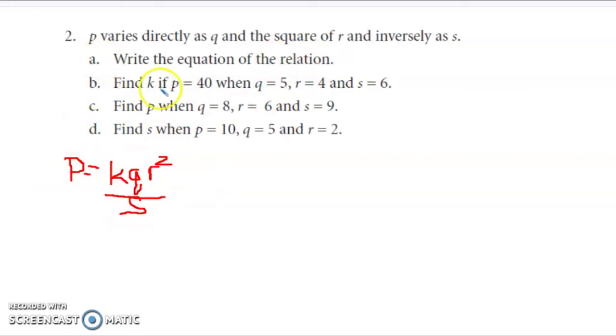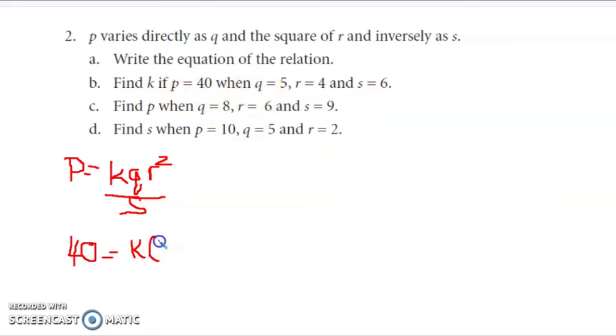B, we find K if P is 40, Q is 5, R is 4, and S is 6. So substitute. P is 40, so I'll be writing 40 is equal to K, because we are solving for K. What is the value of your Q? 5.